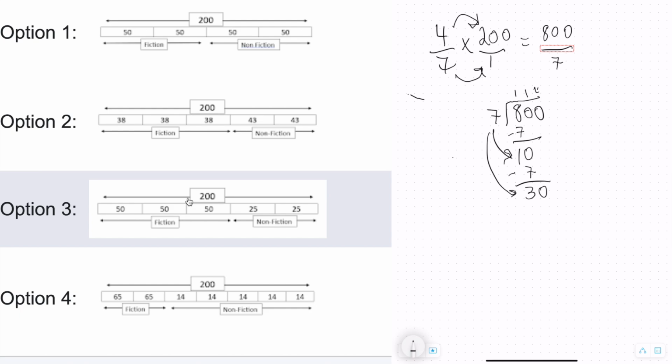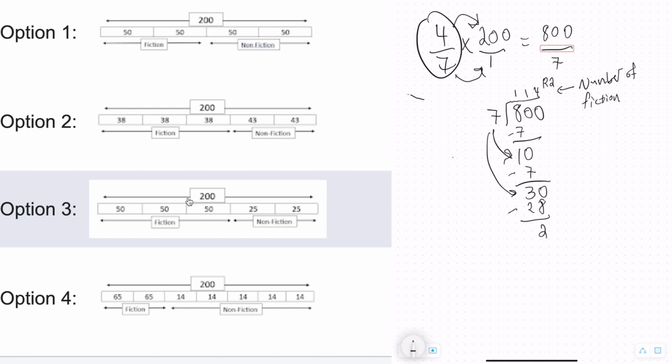That would be 4 times with 28 here, and 30 minus 28 is 2, so we have 114, remainder 2. Now this is the number of fiction books right here, out of the 200, because if it's 4 out of 7 and there's a total of 200, a little more than 114.